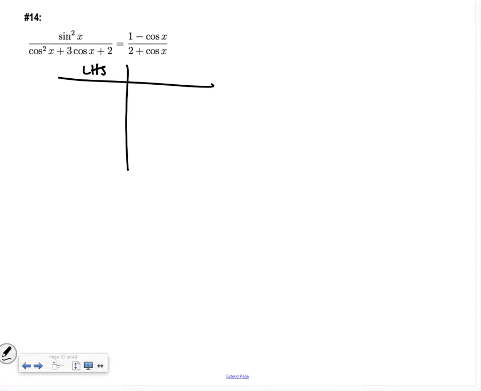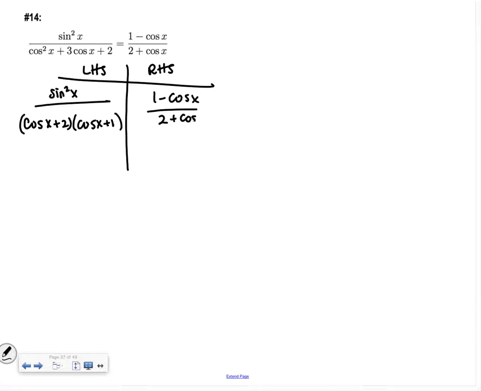Okay, so here's another one where it looks like we're going to do some factoring. So I have my left-hand side and my right-hand side. So I'm going to have my sine squared x, and then on the bottom I'm going to have cosine of x plus 2 times cosine of x plus 1, right? So it factors. And then over here I have 1 minus cosine of x over 2 plus cosine of x. So I want to somehow cancel this part right here. So that's when I look to the numerator and I'm like, okay, well I have sine squared x. So if I rewrite sine squared x as 1 minus cosine squared x, kind of opens some doors for me.